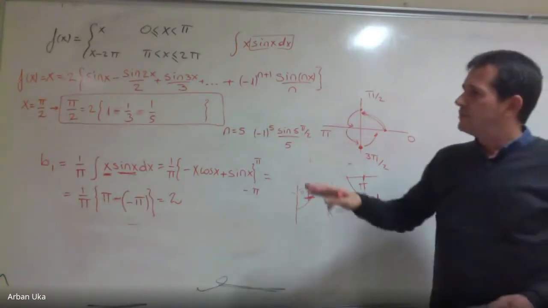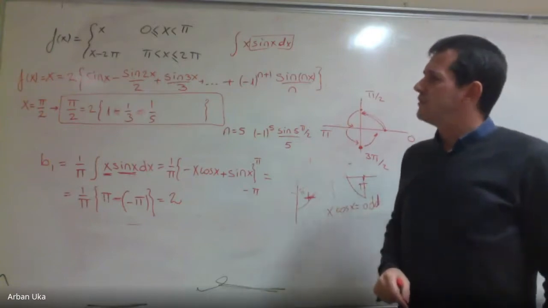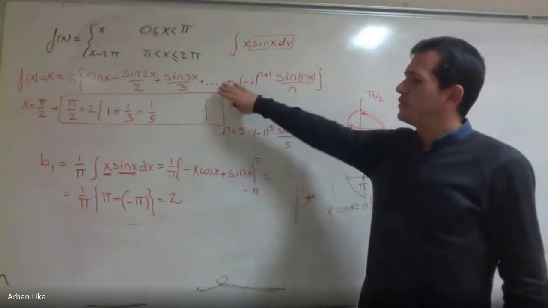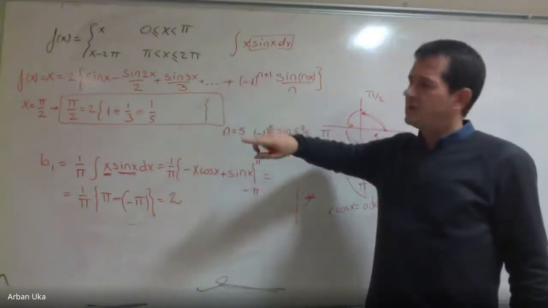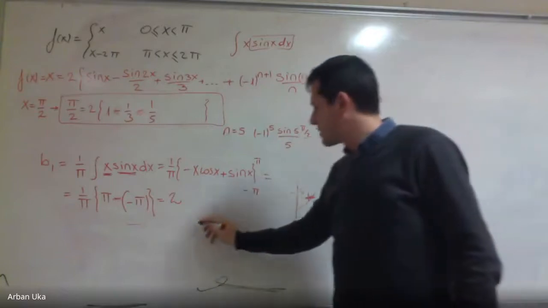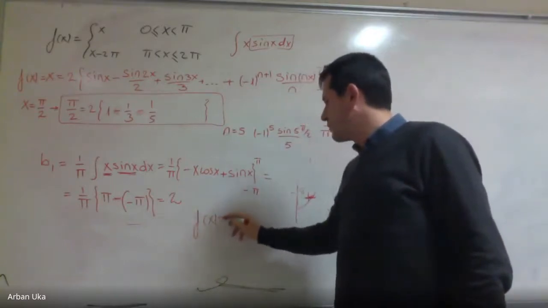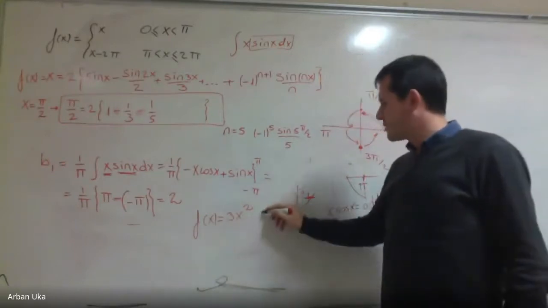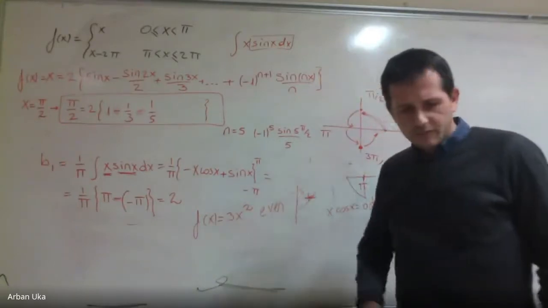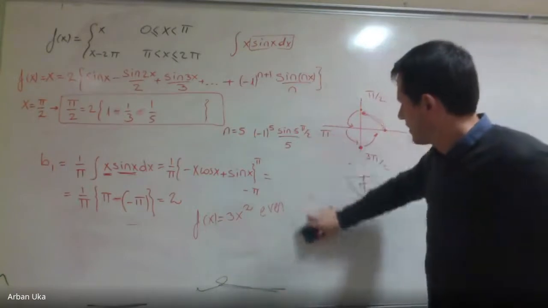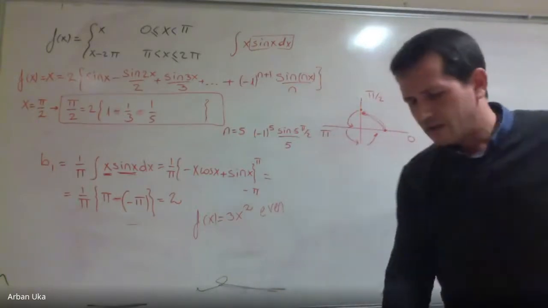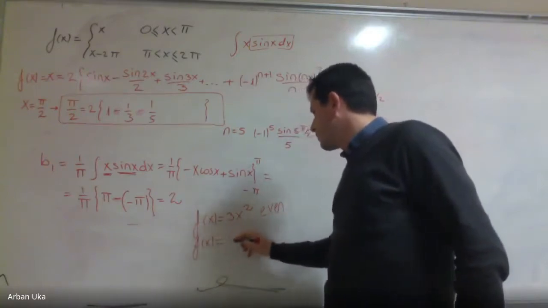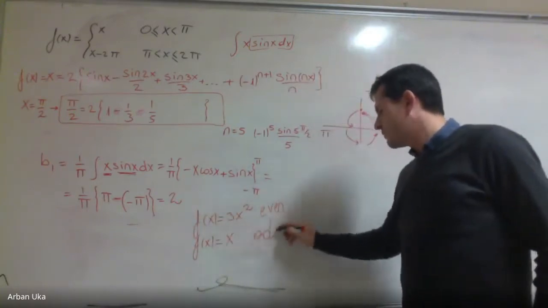And again, we can repeat the following: if we have an even function, then we don't use odd functions. We use even functions to describe an even function, which looks like this. F of x is equal to 3x squared. This is an even function. And if we have any other function, which is an odd function, such as f of x is equal to x, so here we have an odd function.